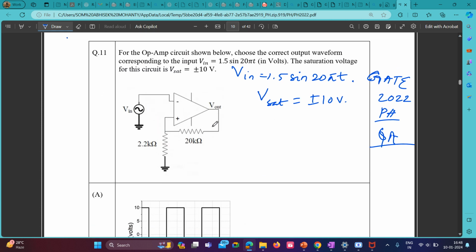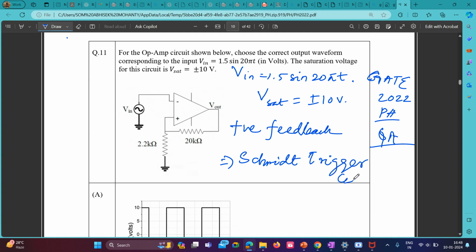See, this is a positive feedback, and it's called a Schmitt trigger circuit. What happens in a Schmitt trigger circuit is the output will always be saturated.